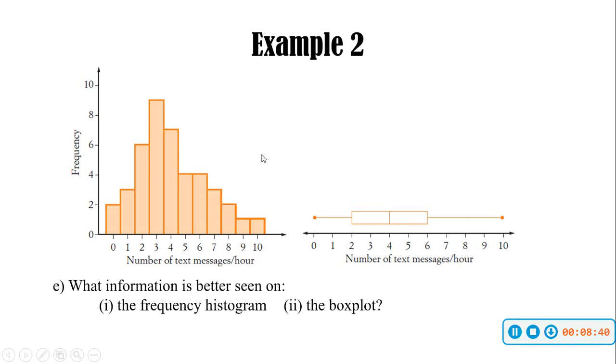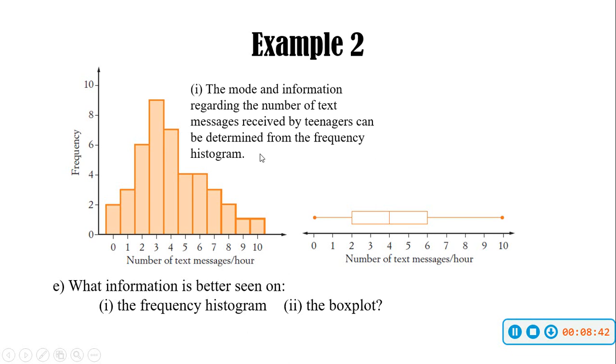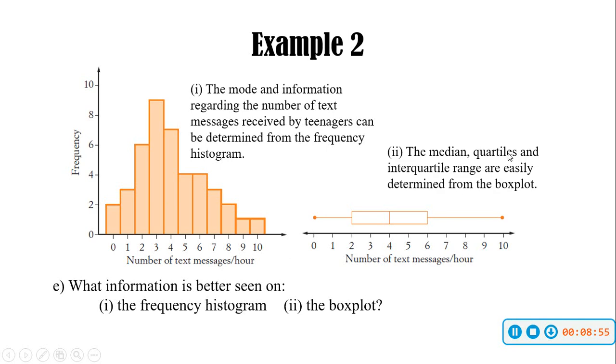In summary, the mode and the information regarding the number of text messages received by teenagers can be easily determined from the frequency histogram. Median, quartiles and interquartile range, or the percentage at or above any quartile, can be easily calculated from the box plot.